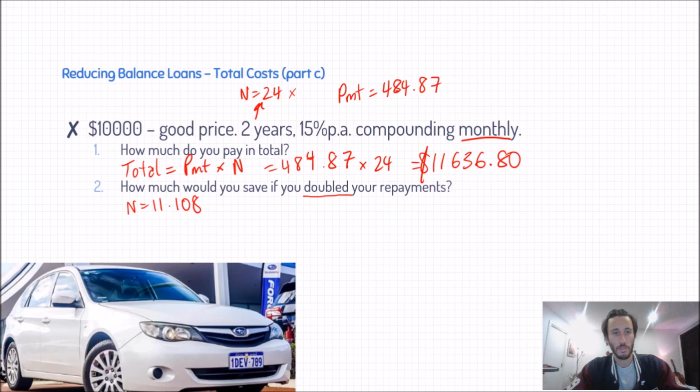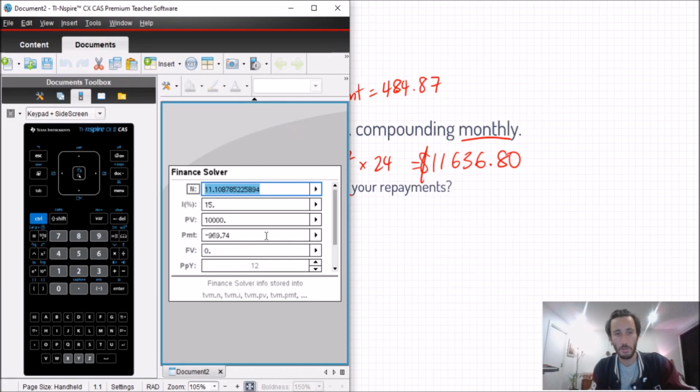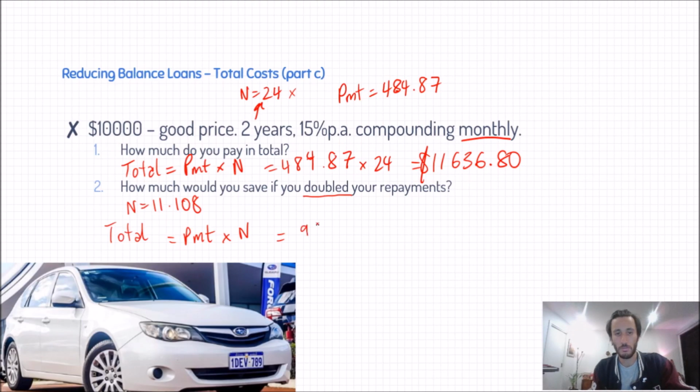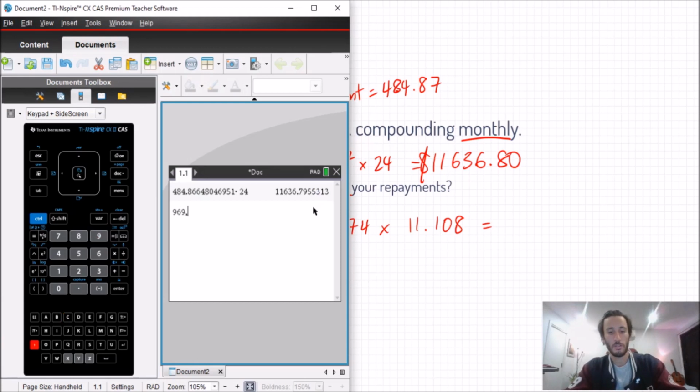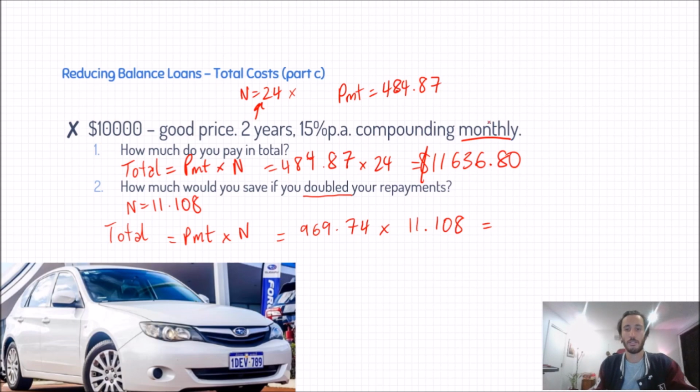So I told you that our total amount paid is equal to the payment times N. So in this case, our payment is $969.74 times 11.108, which equals $10,771.87.